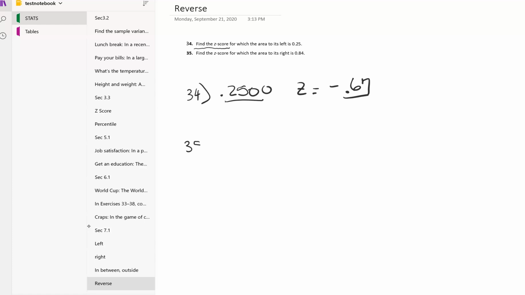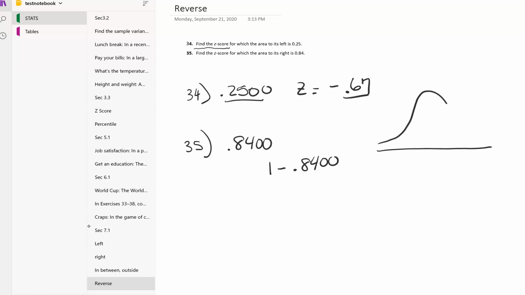All right, for 35, find the z-score for which the area to the right is 0.84. So 0.84 is to the right. What I want to do is 1 minus 0.8400, because what I need is the left area. 0.8400 is a pretty big number, so it's all this.